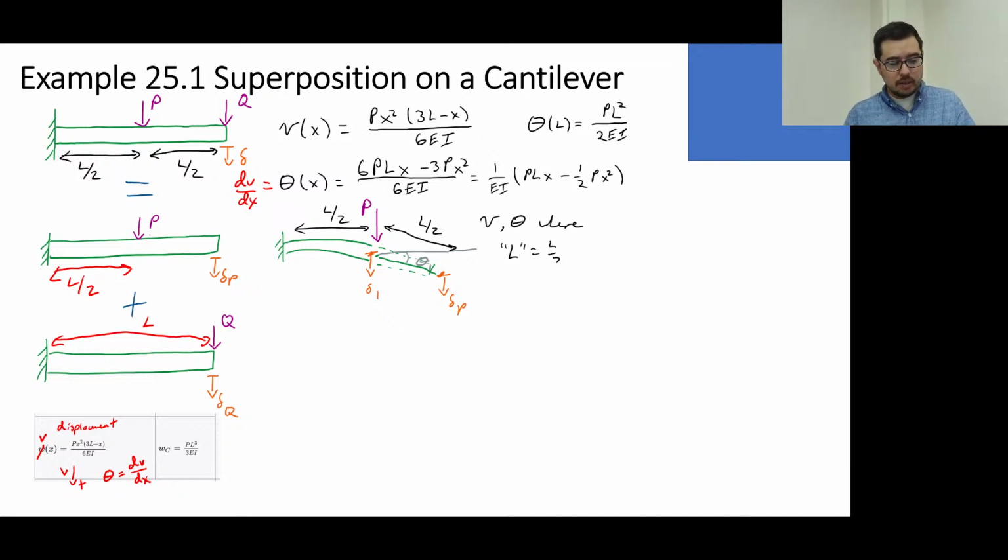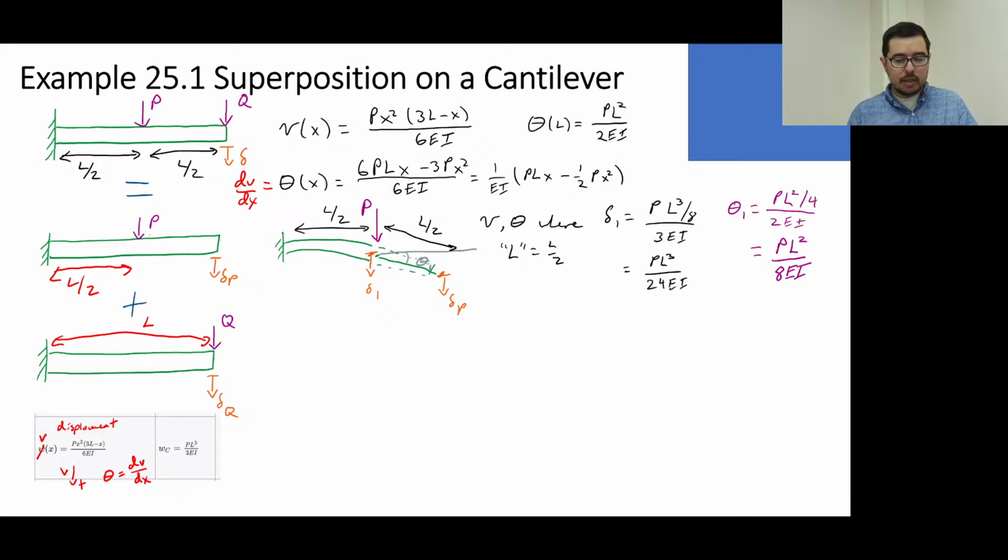So now I figured out the slope, and I know I can figure out the displacement, okay? And so delta 1 is equal to that, and theta 1 is equal to that, all right? And so now I can use this idea that this is a hypotenuse.